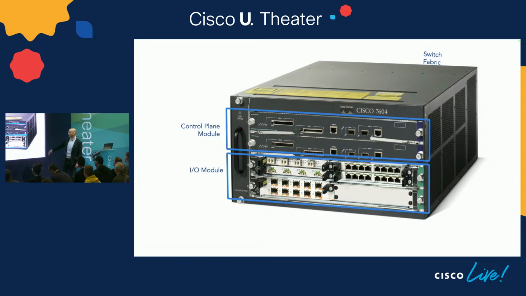Anyway, enough with the history. So back in the day, and even now, the role of these devices and how they were built is to have three main components, basically. You have your control plane module. This is your supervisors, where all the routing protocols are enabled, where your management is turned on, high availability, all of those features. You have then your I/O module. These are modules where data traffic is being forwarded. This is where you connect your clients.